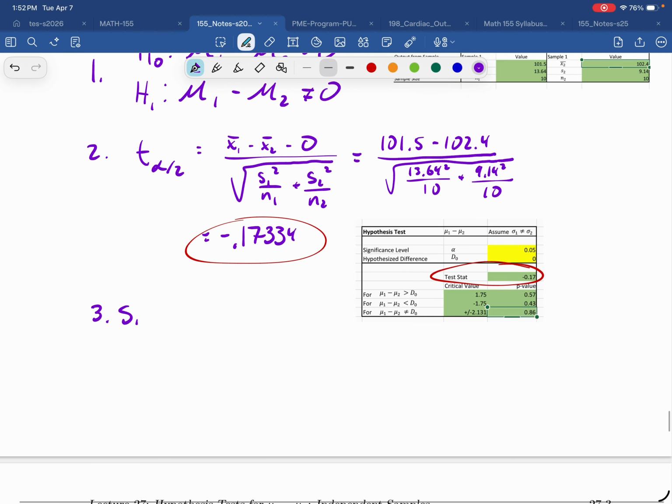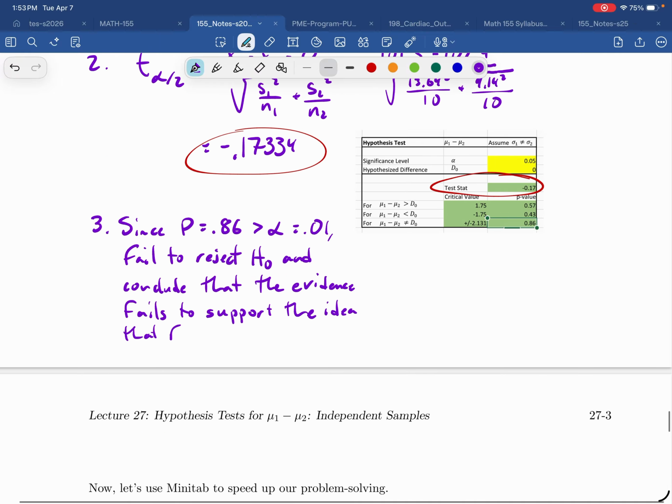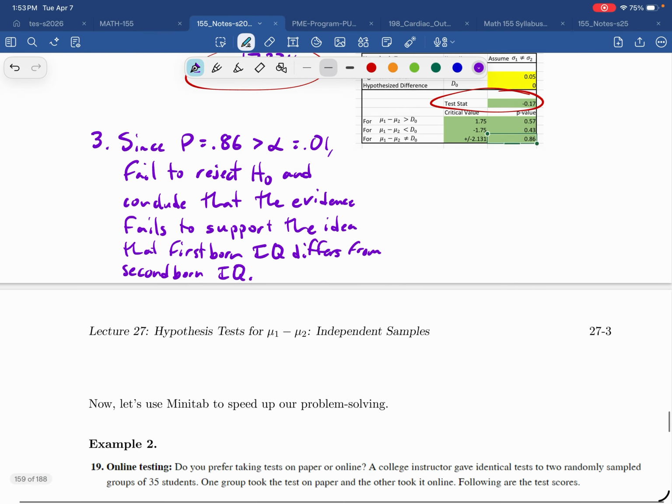We would just say, since p equals 0.86, which is way bigger than alpha, which equals 0.01, fail to reject the null hypothesis and conclude that the evidence fails to support the idea that firstborn IQ differs from second-born IQ. Okay? So that's how we would do that.